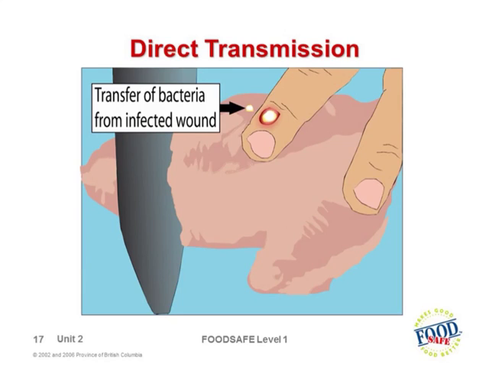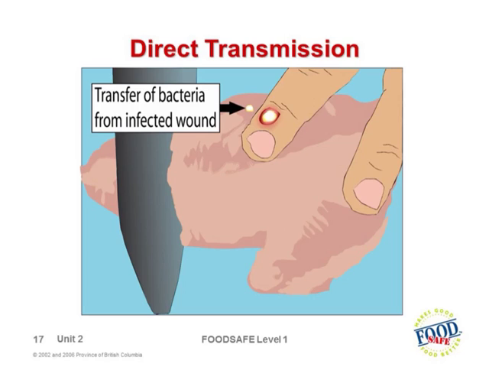So the direct transmission of bacteria, an example would be this person using a finger that has a wound on it that is obviously infected. Now this wound is not covered properly with a glove, so therefore anything that this person touches, even if they're not touching with that piece of their finger specifically, could be contaminated with the bacteria.